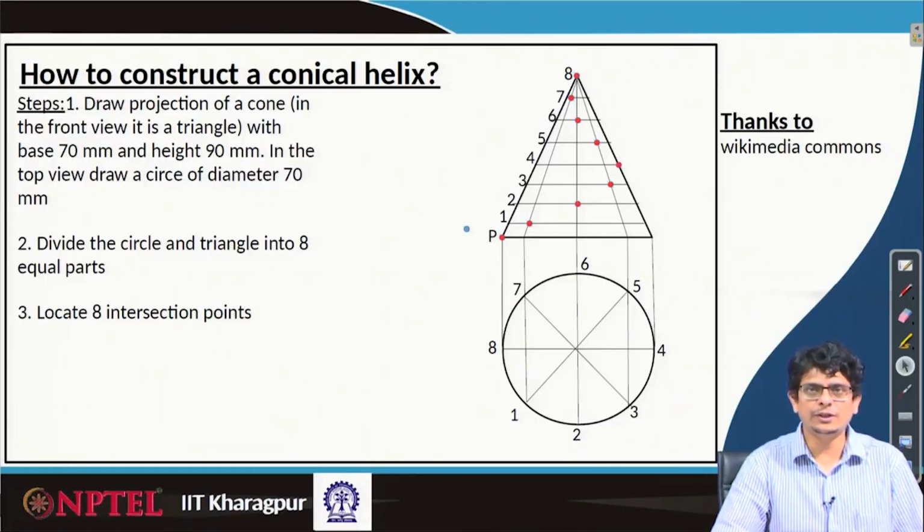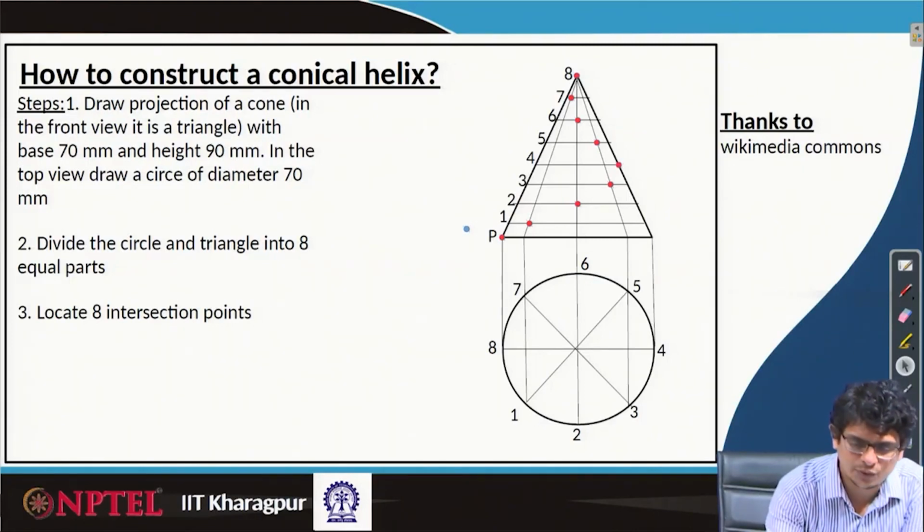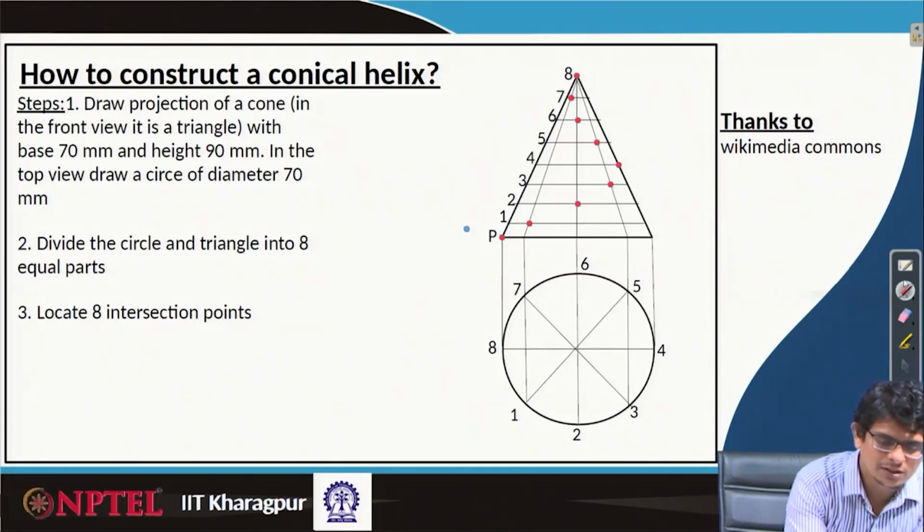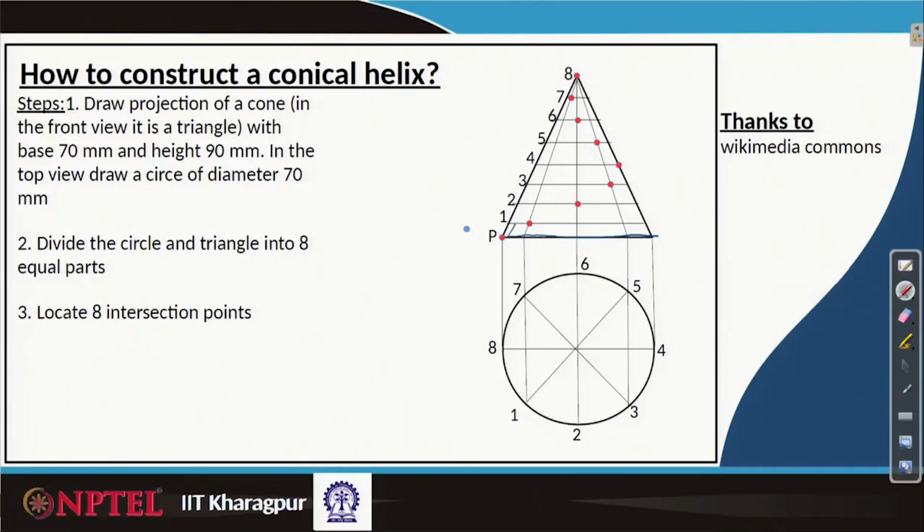To do that, first of all we have to construct a cone in the frontal view, which we will get as a triangle. First we have to construct a triangle of required base and height. In one of the views, if we are looking from the bottom, it looks like a circle.